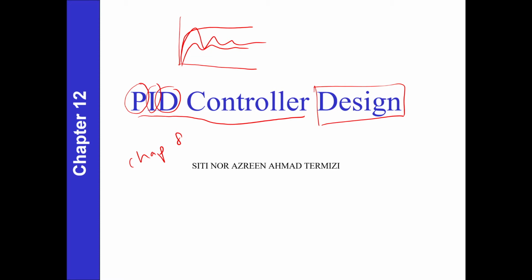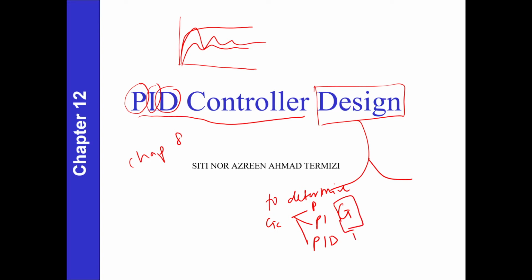What does it mean by design? It basically involves two things. The first one is to determine our GC, be it P, PI or PID, based on the model. Later on you will see in detail, based on the model, which is from GP, GM and GV.